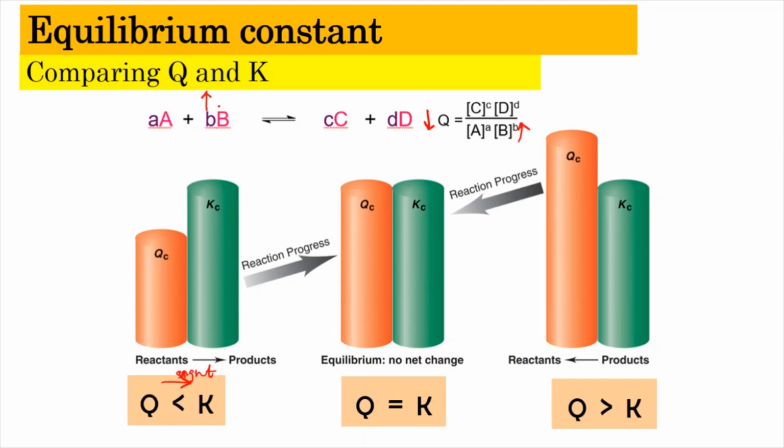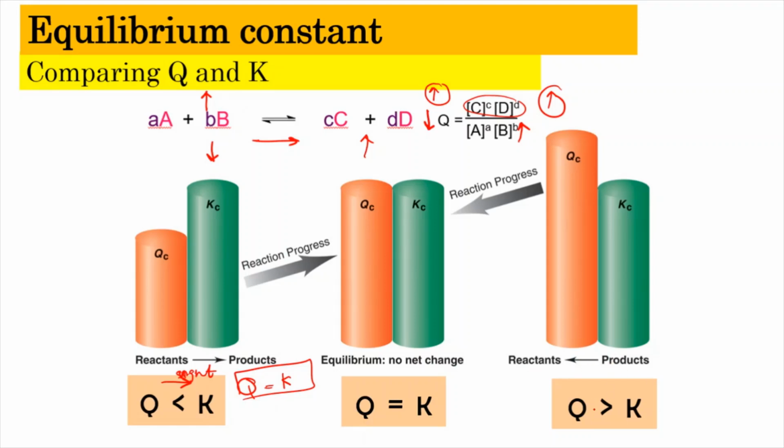So we need to reduce the reactant and go to the right so that our product gets higher, and then our Q gets higher as well, and hence will make Q equal to K again.